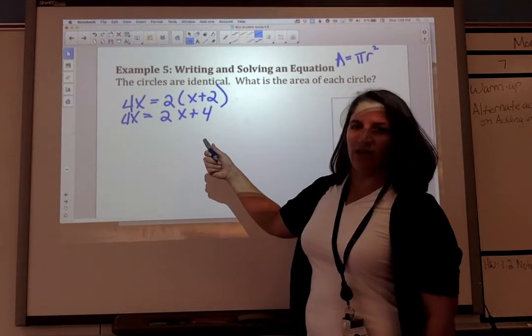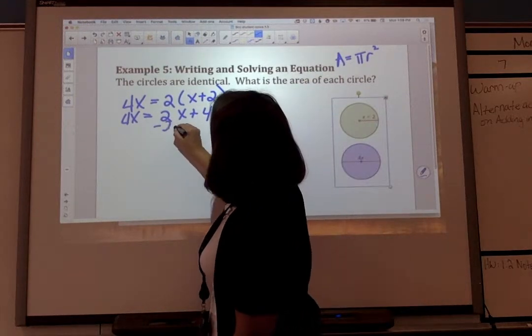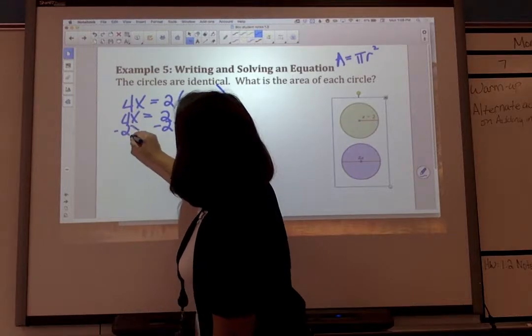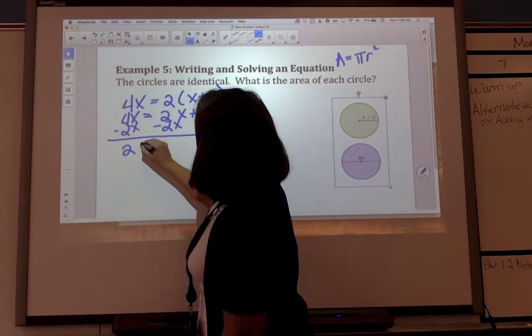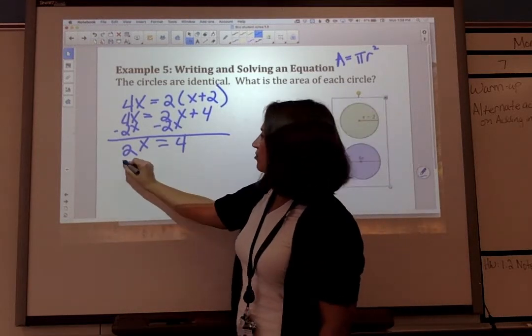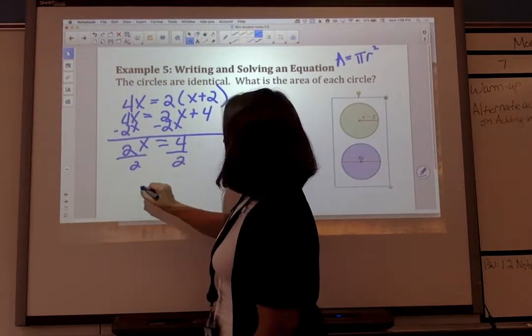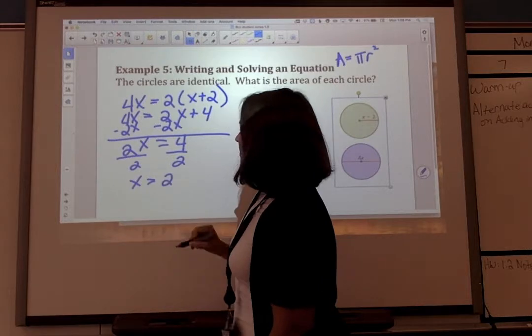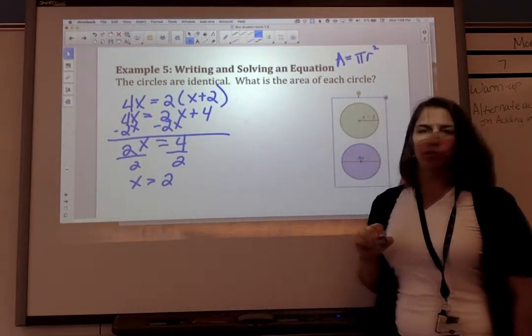And now I need to solve by subtracting 2x. 2x equals 4. Now I'll divide by 2 on both sides. And I find out that x equals 2.